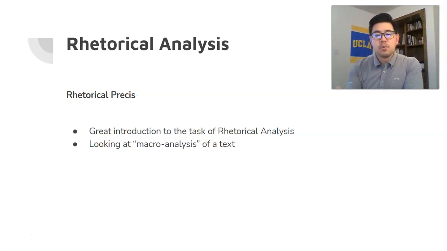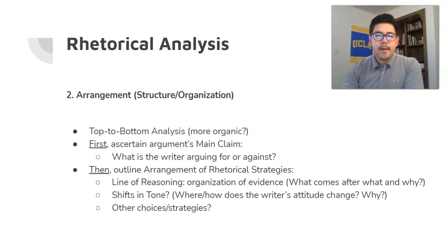And we did the rhetorical précis, remember, where we looked at the overview of the purpose of a text. And secondly is the arrangement, looking specifically at the structure. And I like this top to bottom analysis because it's a little bit more organic, where you first look at the main claim.